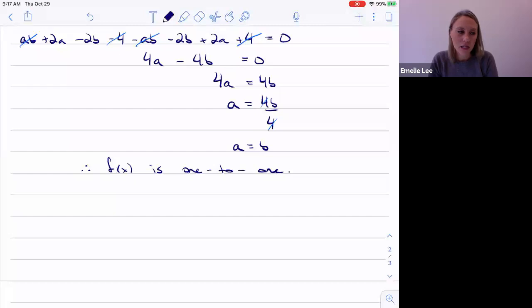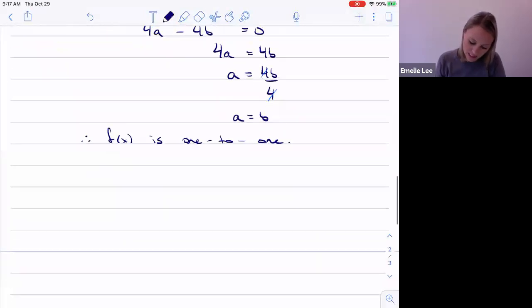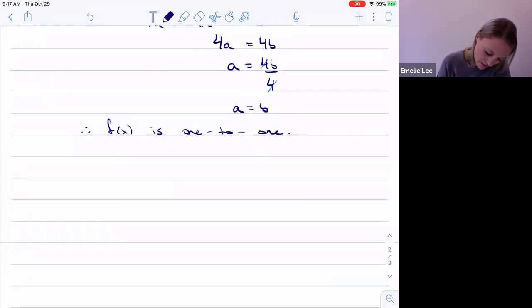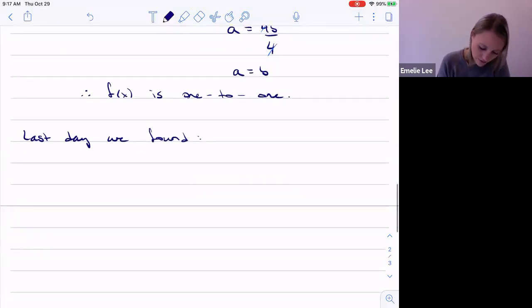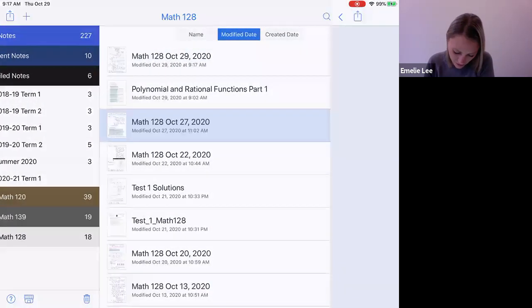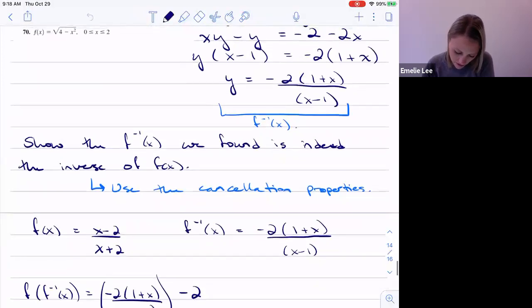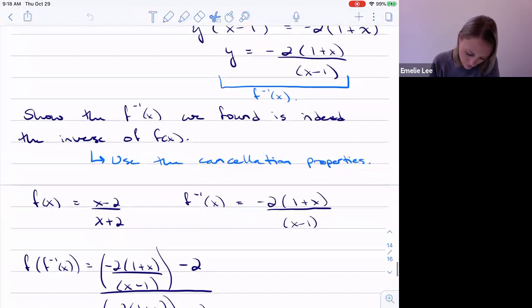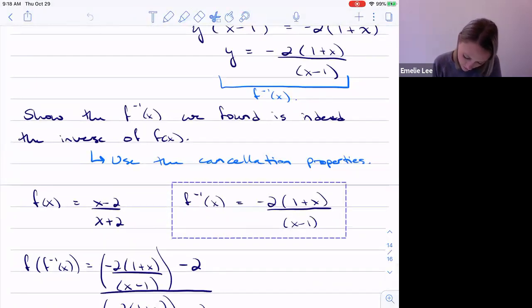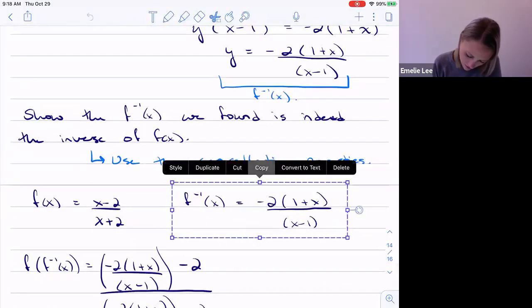Last day, we found the inverse of this thing, right? So last day, we found, now let me just go steal it here. We found the inverse was this, quick copy.